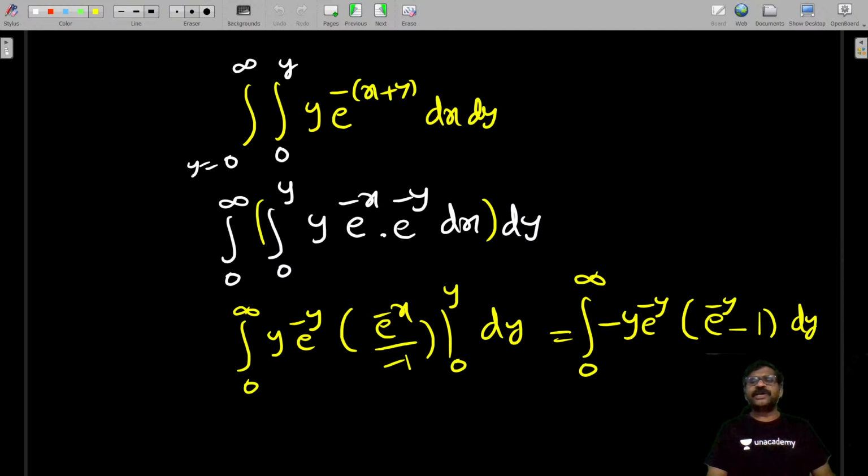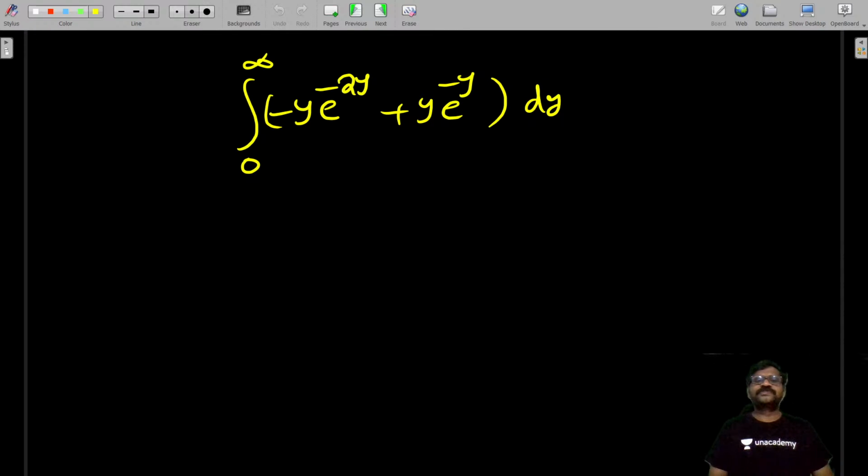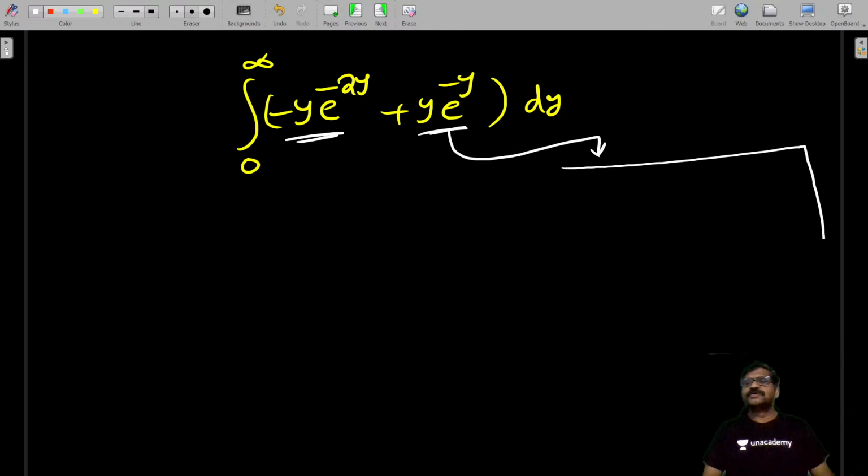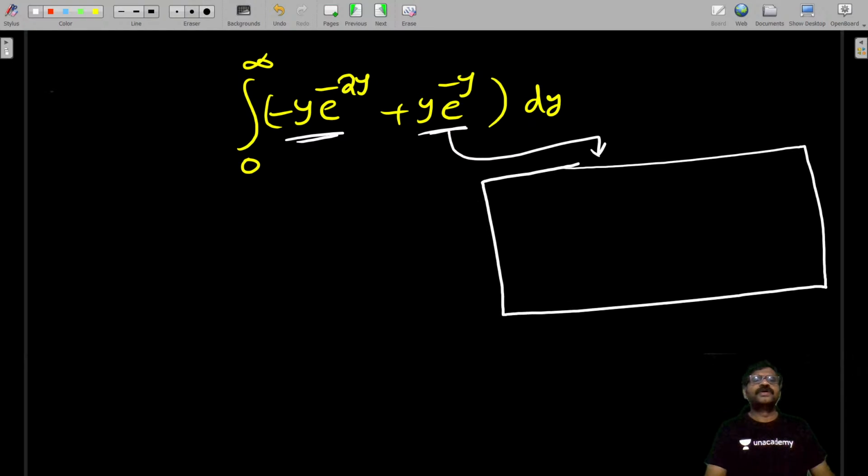Minus y into e power minus 2y plus y into e power minus y. Now here we have to apply integration by parts. Now here I am applying integration by parts. Y, e power minus y.